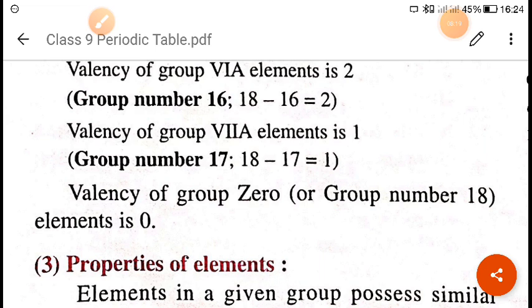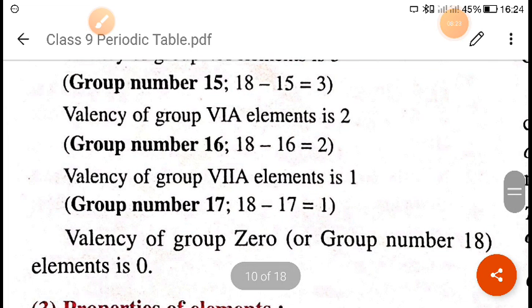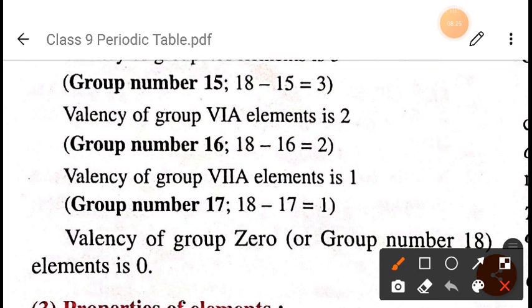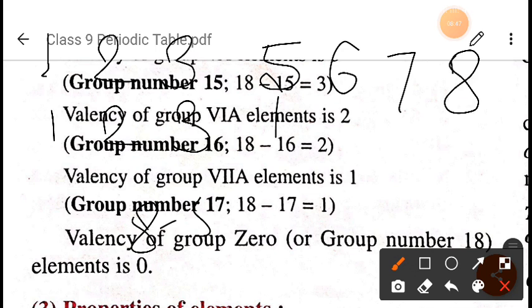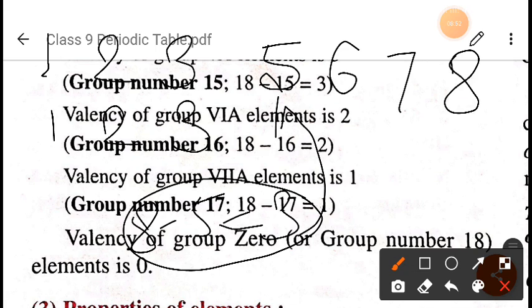One more method is there. If the number of electrons present in the valence shell is 1, 2 and 3, their valency will be 1, 2 and 3. After that, if the number of electrons in the valence shell is 5, 6, 7 or 8, the valency for 5 will be 8 minus 5, which is 3.